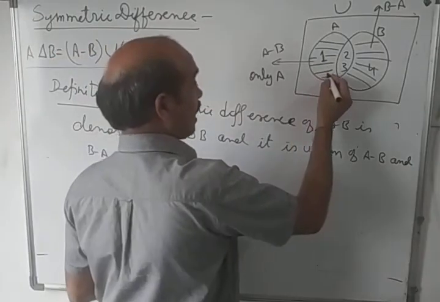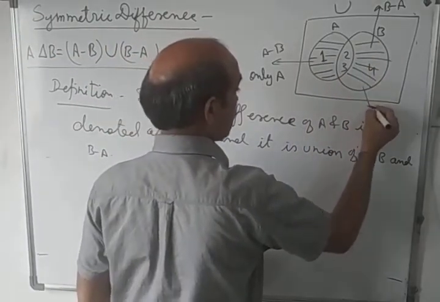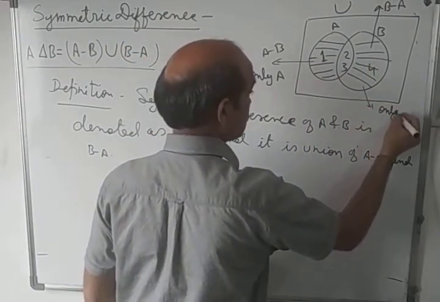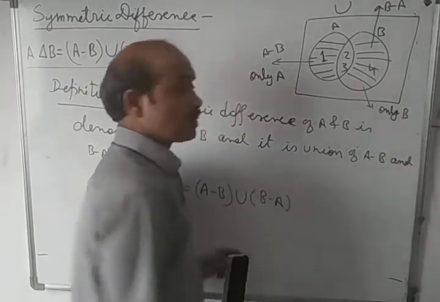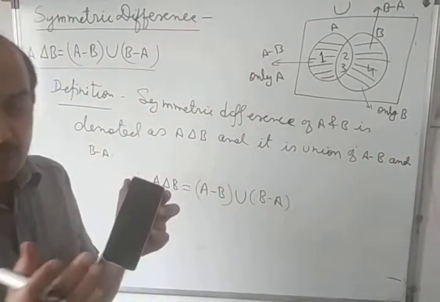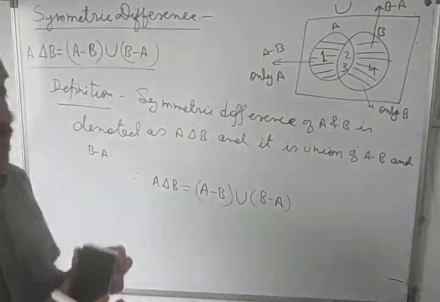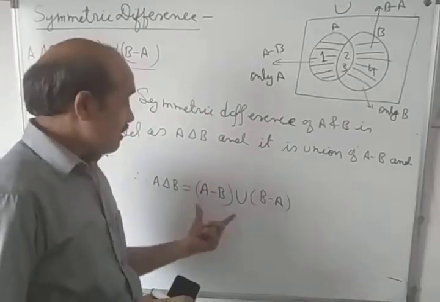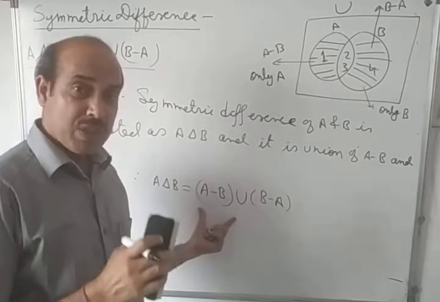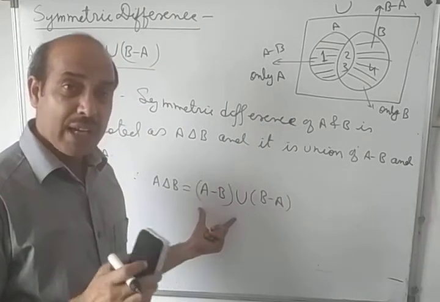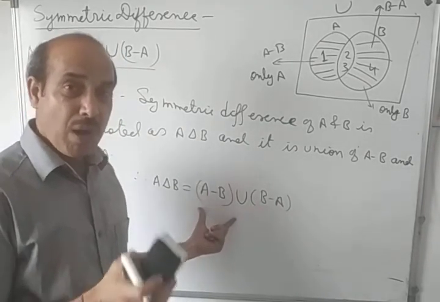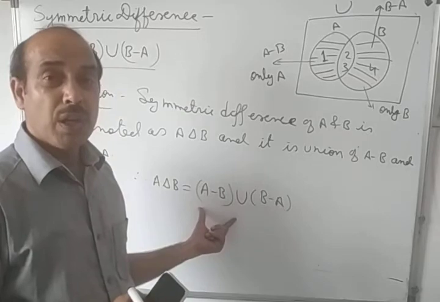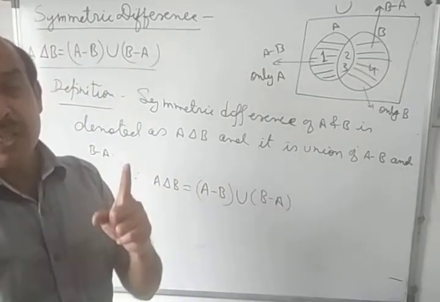This is only A and this is only B. Now see, when we are combining only A and only B, then we will say this is the set which is containing the elements which belong to only one set.